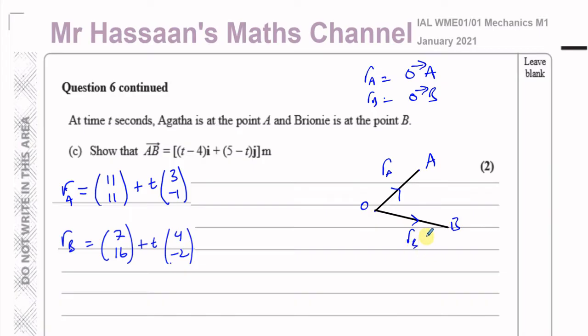We have to find, in this question, the vector that takes us from A to B, which is this vector here, in that direction.